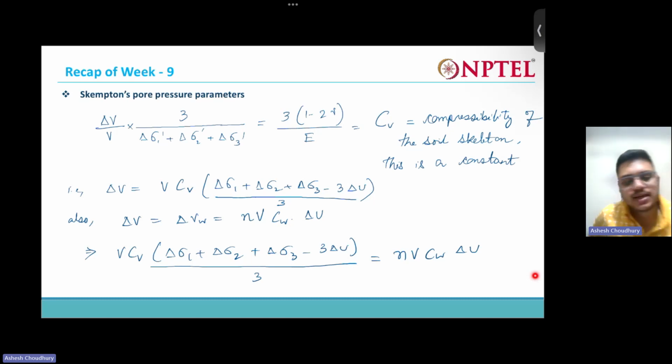From there you can write V Cv equal to n V Cv. This derivation I am not going into detail because it has already been taught in the class. I have just written it here so you can recall whatever has been taught in the class.